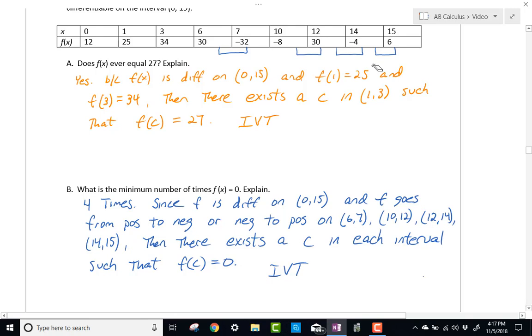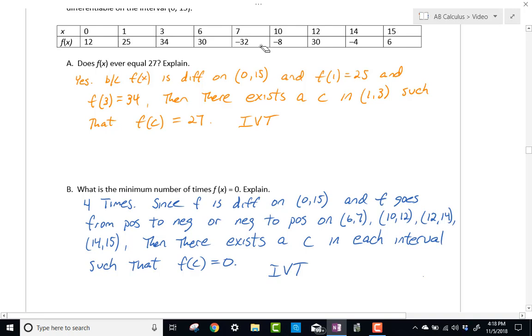All right. Our last question says, and I'm going to read it while I'm looking at the chart here, okay? Is there an interval where f prime of c equals 0 for some c on that interval? If yes, give the interval and a justification. So again, it's saying, is there an interval where the derivative is equal to 0? Okay? That means that f of x has to either go from increasing to decreasing or decreasing to increasing.